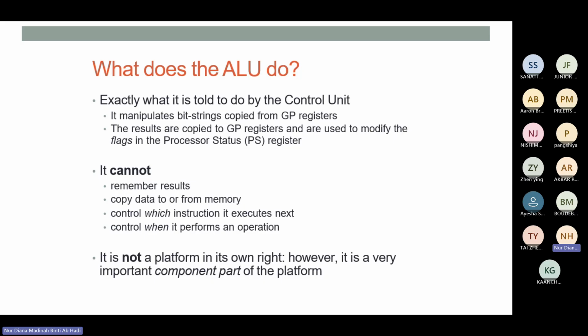But it cannot remember your result, copy data to or from your memory, or control which instruction is to be executed next and when. It is not a platform that has its own rights. However, it is a very important component of the platform, so it is very important to have the ALU.